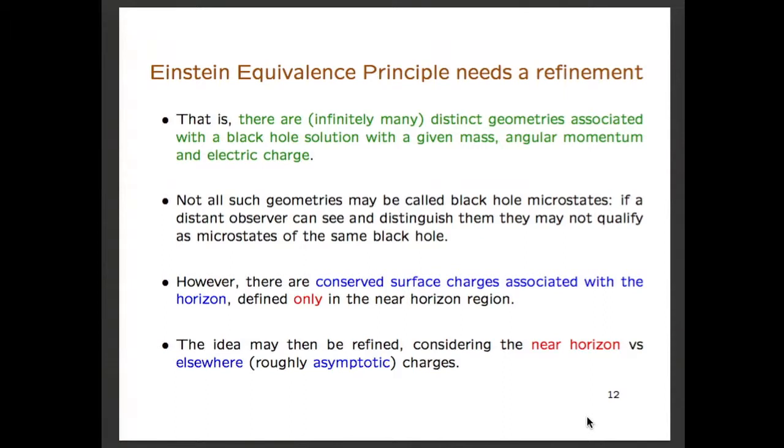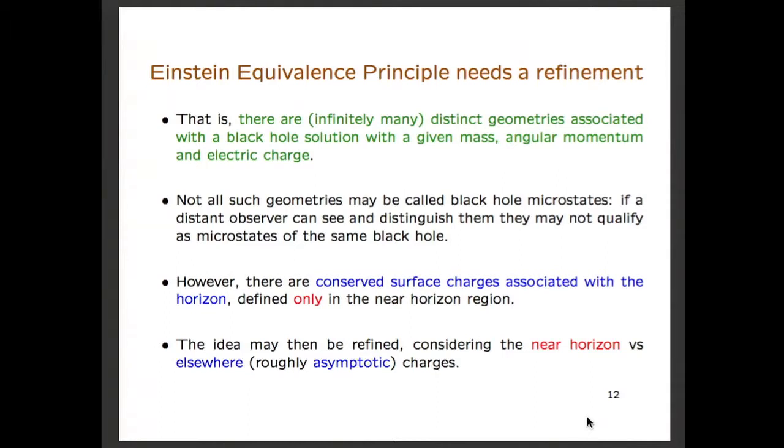So we have a big class of different geometries which are diffeomorphic to each other, diffeomorphic to the same black hole with the same mass and angular momentum. But the question is which of them is going to be relevant for the question of black hole microstates.